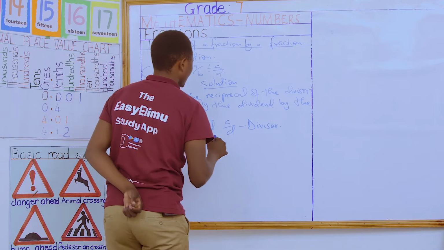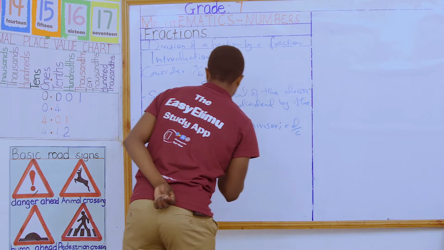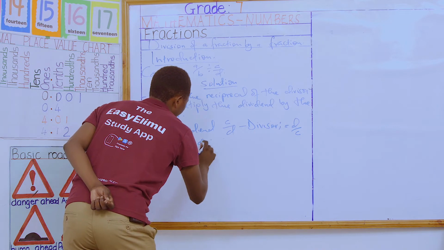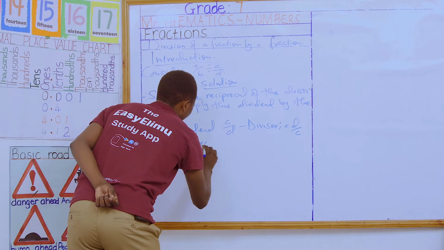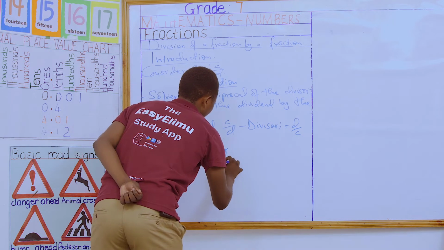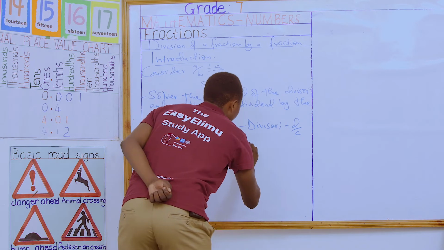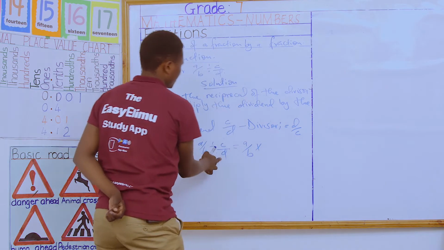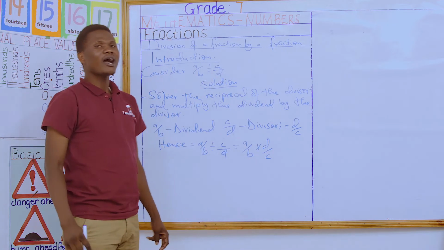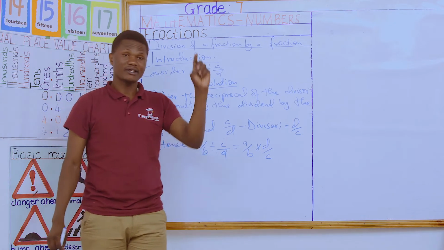Therefore, the reciprocal of C over D will be D over C. Hence, A over B divided by C over D will be equal to A over B times the reciprocal of our divisor, which is D over C. At this point, we now have a normal multiplication of a fraction by another fraction.